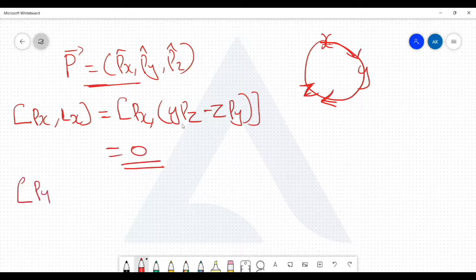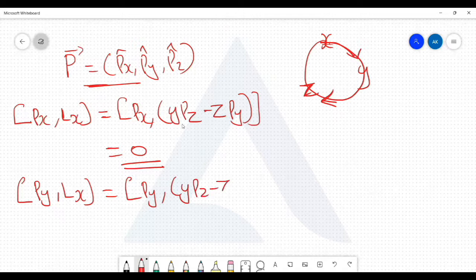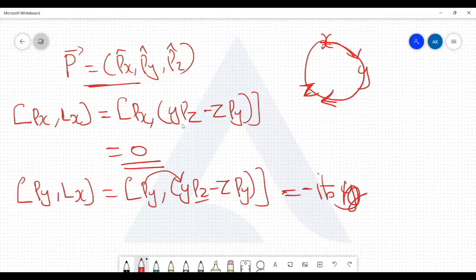Now Py with Lx, so Py Lx is y pz minus z py. Py with y exists, therefore it is minus iħ cross Y. I'm sorry, the remaining term is z pz. Check all the remaining terms. That would be 0.